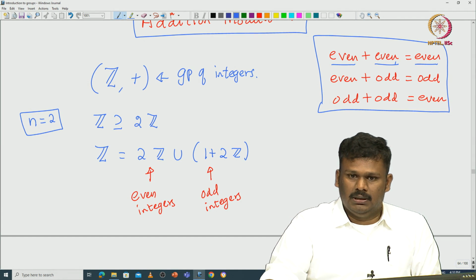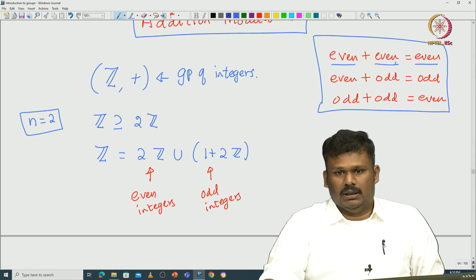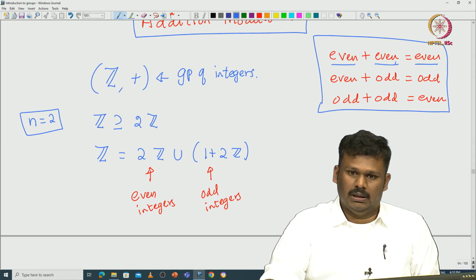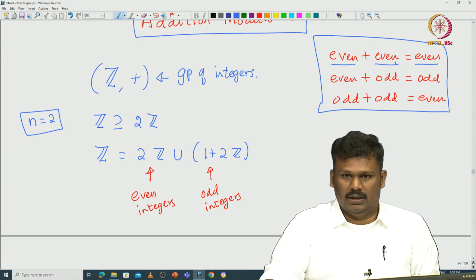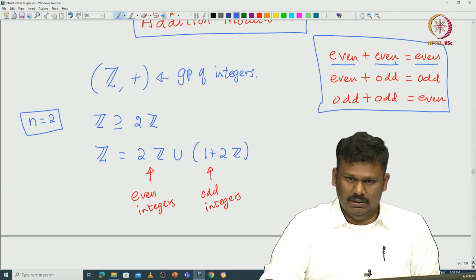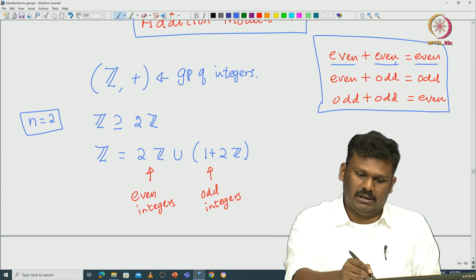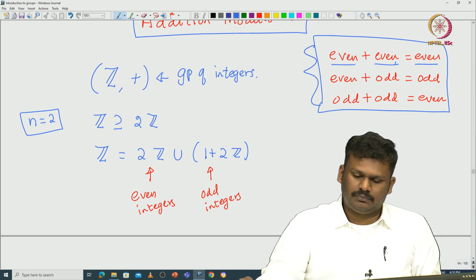If you take an odd number and divide by 2, you get the remainder 1. If you add an even number and an odd number, you take the remainders 0 and 1. If you add them, 0 plus 1 becomes 1. So, that is an odd number. Similarly, when you add two odd numbers, that becomes 1 plus 1, which is again even. Okay, that becomes an even number. That is exactly what you are doing here.